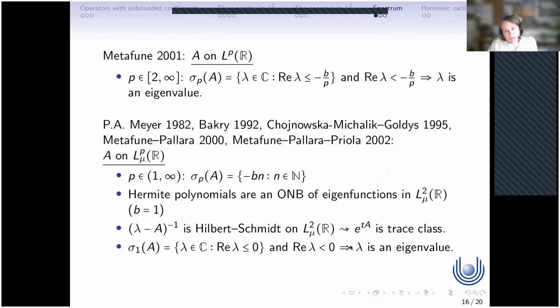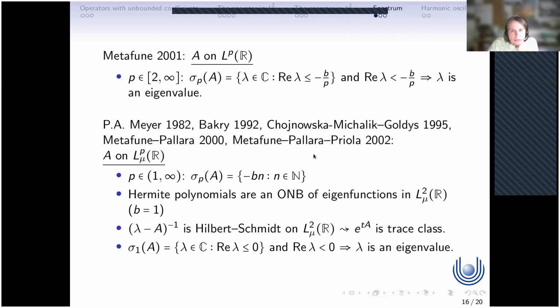Well, in a similar context, Metafune could prove that for all p larger than 2, the spectrum of this operator on R has this structure here. It's very ugly if you are working not with Gaussian measure, but with Lebesgue measure. It's just left half planes, and even each point in the interior of this left half plane is an eigenvalue.